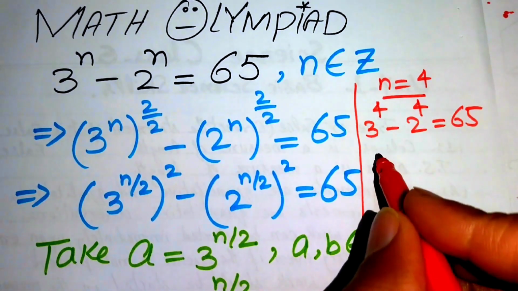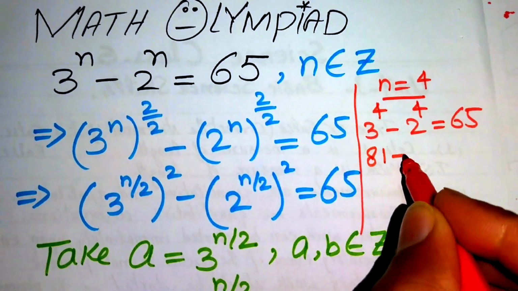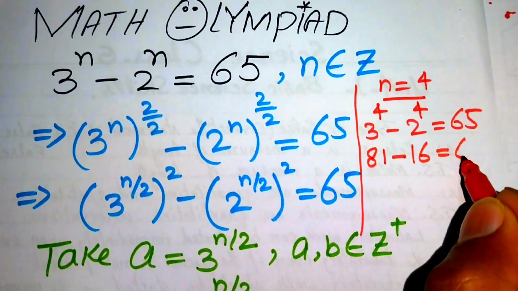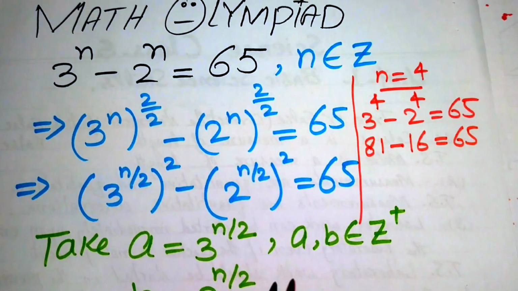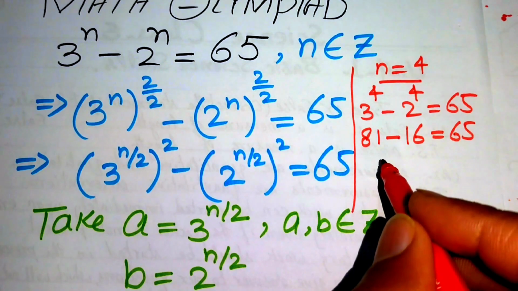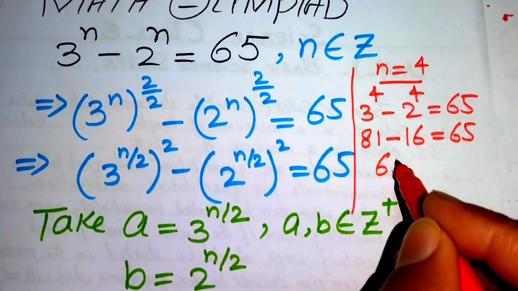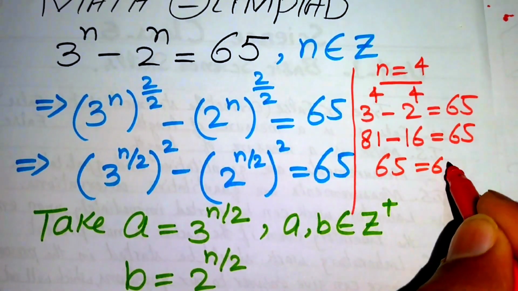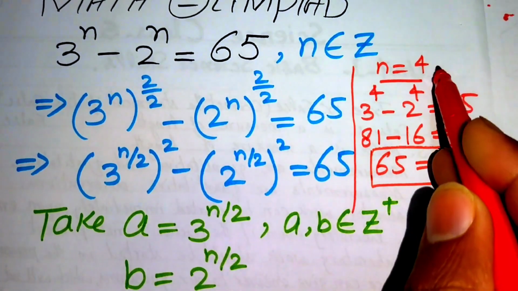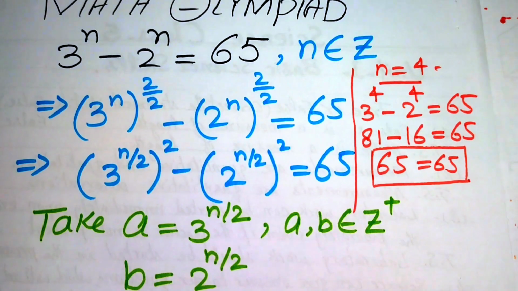We know 3 to the power of 4 equals 81 and 2 to the power of 4 equals 16. When you subtract 81 minus 16, you get 65 equals 65. So this shows that n equals 4 satisfies the given equation.